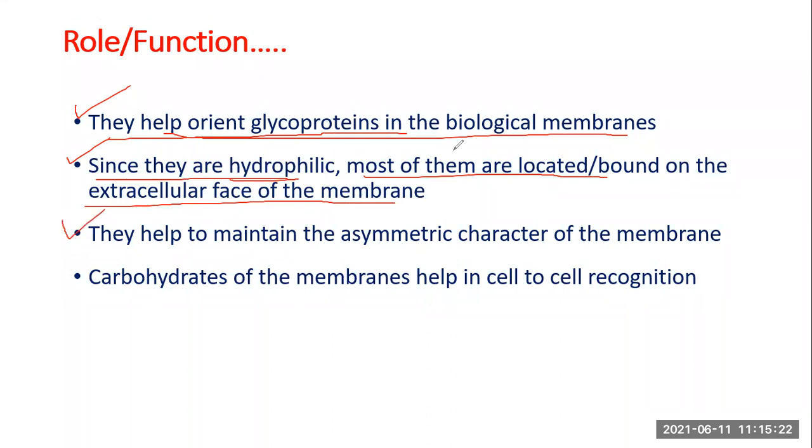Because all of them are present on the extracellular phase, they help to maintain the asymmetric character of the membrane. We have seen in an earlier lecture that biological membranes are asymmetric. The two faces of the membrane are never the same, never identical. It is because of this, because they are always present on the extracellular phase. Since they are not there on the intracellular side, the two faces can never be identical.